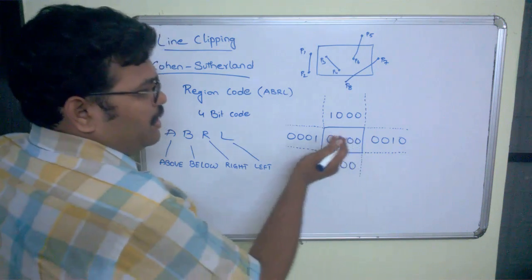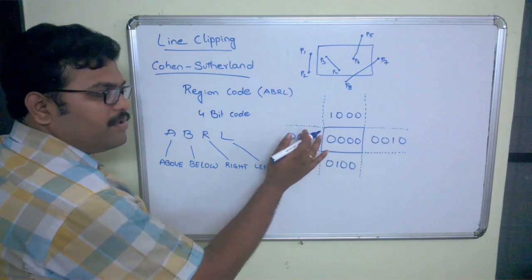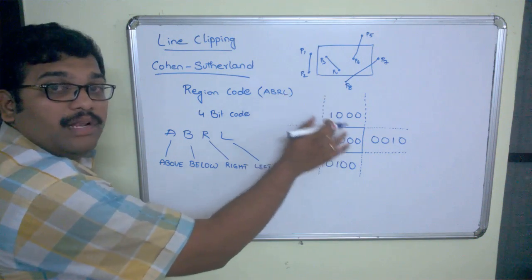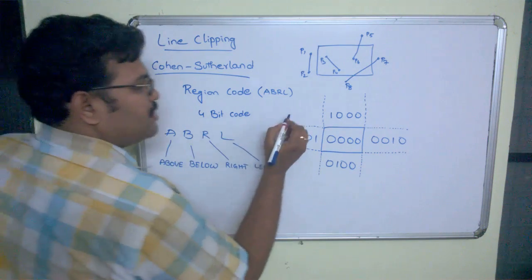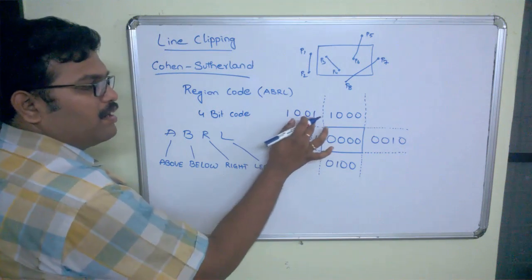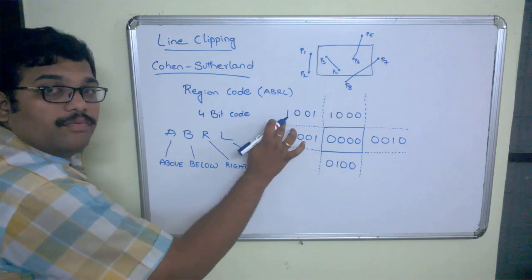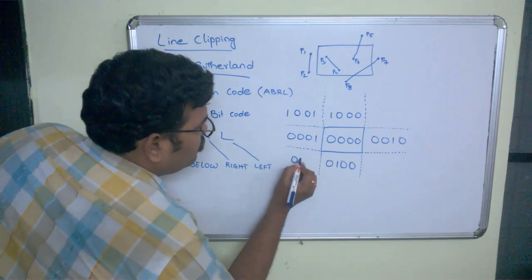That means this region is left and above. So consider left and above, that means 1, 0, 0, 1 in ABRL, left and above. This is left and below, that means 0, 1, 0, 1.